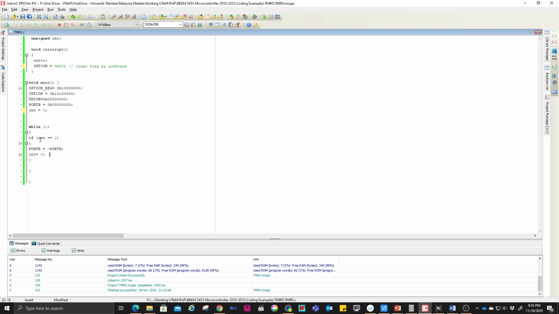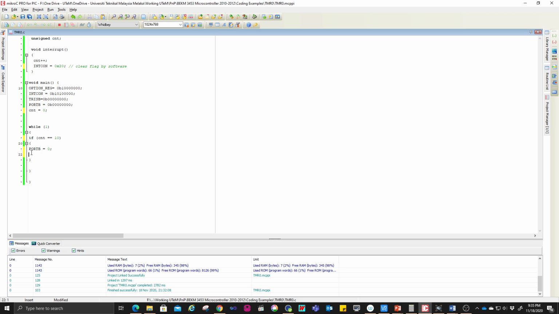If count is equivalent to 10, port B is going to be 0. And the count is not needed over here. Please refer to page 87, right?